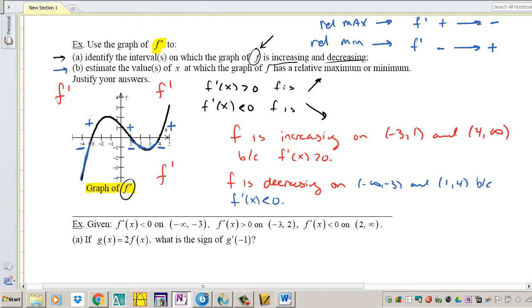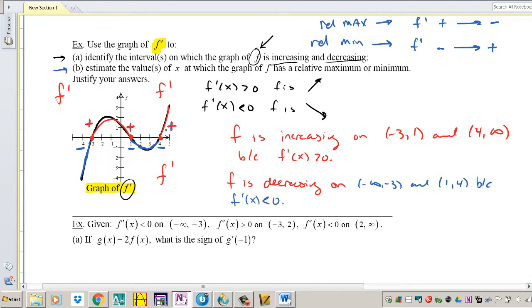Let me do another color for positive. Positive, positive. How many times does the graph change from positive to negative and negative to positive? There is a total of 3 times. Now, this does not answer your question. Okay? The question says, tell me where the graph has a relative max and a relative min.